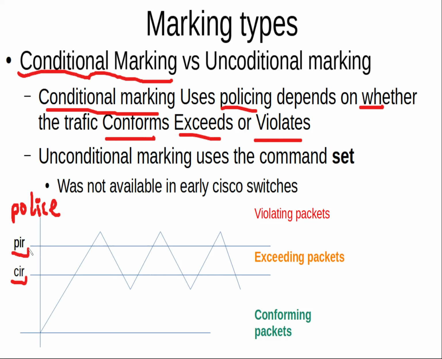Remember that when you use police, you can establish a committed information rate, or CIR, and a peak information rate. So for the traffic that complies with the CIR, that means the rate is below the CIR, we are able to mark that traffic with a particular value. For instance, traffic that conforms, we're going to mark it with a value of AF41.